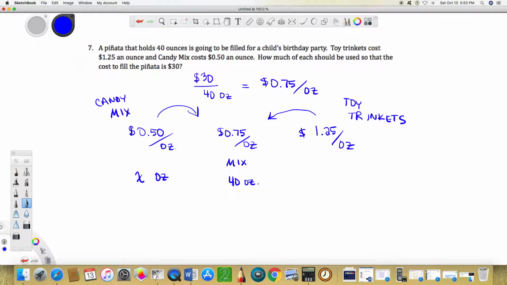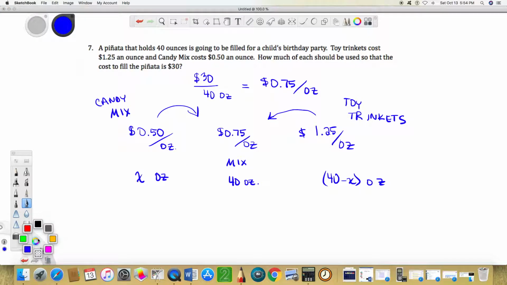So if part of this 40 is the candy mix, which is X, if you remove the candy mix from the 40, what you'll have left is the toy trinkets. Because when you add the ingredients together, it has to add up to 40. So if I have X plus 40 minus X, the X and minus X cancel each other out, and I have 40 ounces.